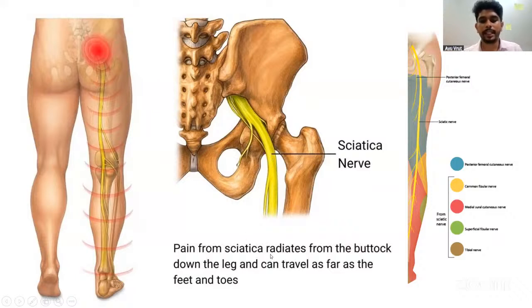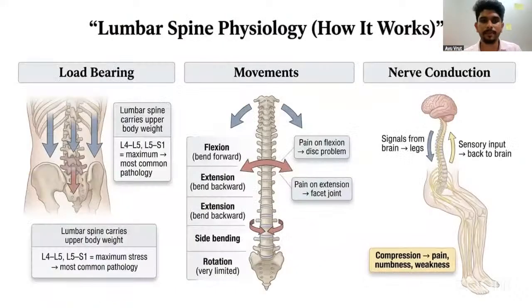So the pain from sciatica radiates from the buttock down the leg and can travel as far as the feet and toes. My main point is to focus clinically when a patient complains in any part of the leg. It may be sciatica pain, localized pain, osteoarthritis, or rheumatoid arthritis. Do a very good clinical examination, and you will obviously find out the cause.